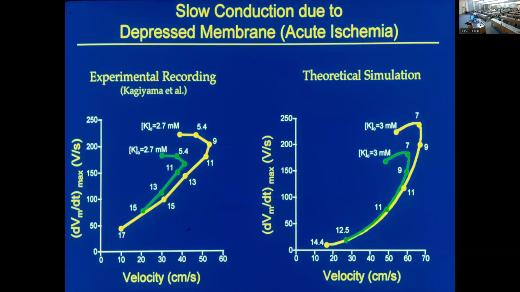Once you reach greater depolarization, sodium channels start to inactivate. So you start losing sodium channels, they inactivate. And as you continue to increase potassium, they inactivate more and more until finally, you fail. And for comparison, this is the simulated curves that Robin generated.